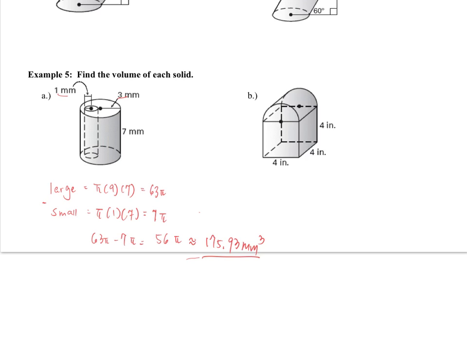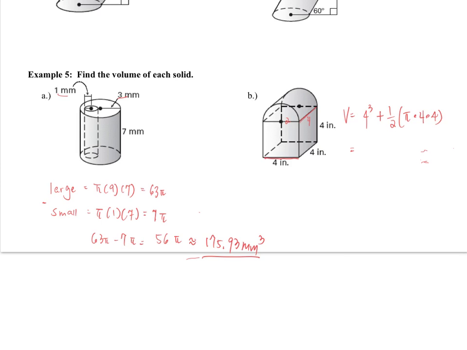For part B, we need to add the volume of the cube and half the cylinder. The volume of the cube would just be 4 cubed, which is 64, and half the volume of the cylinder would be half times pi times r squared times h. The radius is 2 since the diameter is 4 here, so 2 squared is 4, and the height is also 4.